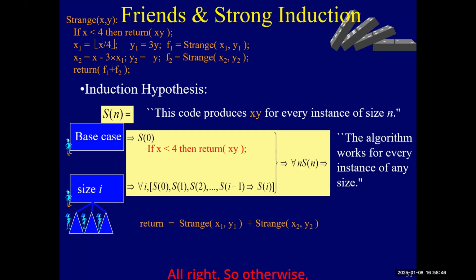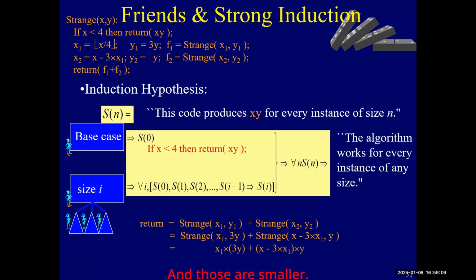Otherwise, our friends return this number and this number, and we return the sum. And by strong induction, that's just plugging in our values that we did, and those are smaller.